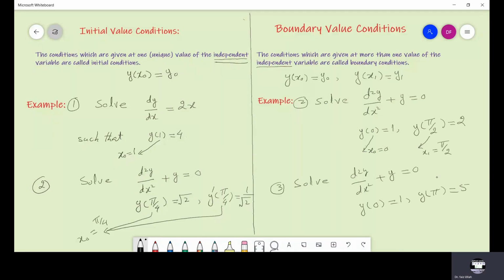Now we can understand whether they are initial condition or boundary condition, because here the value of x naught is 0 and the value of x1 is pi. So conditions are given at two values of the independent variable. So these are boundary conditions.